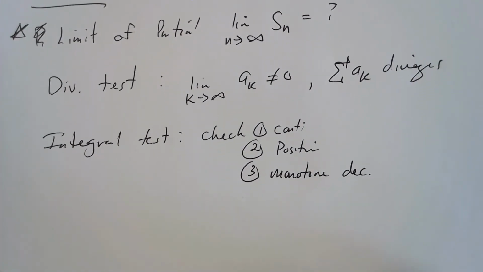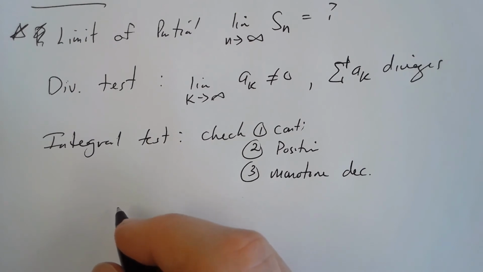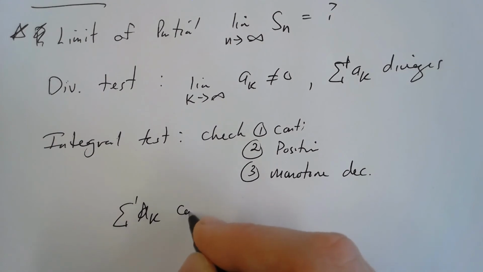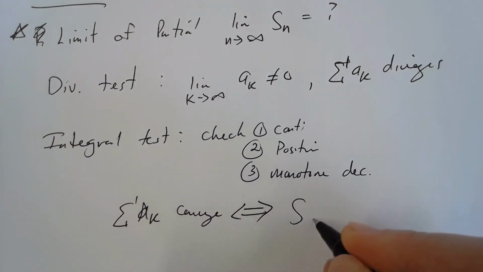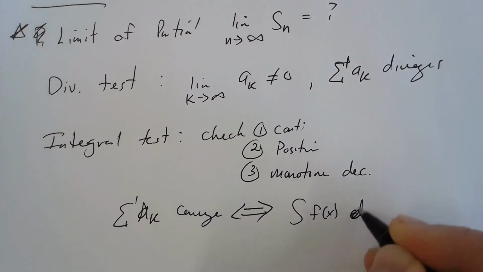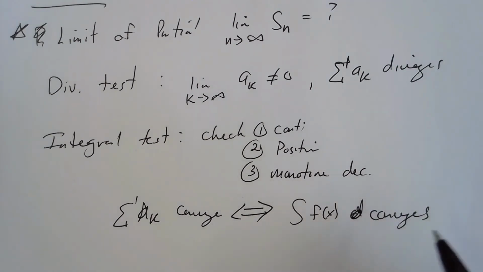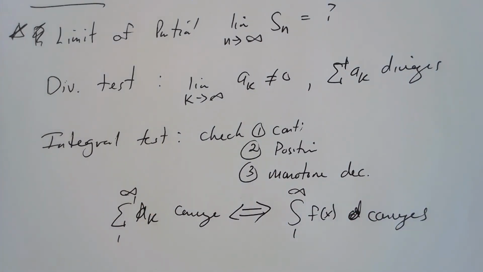And after we've checked those three pieces, then I can make the agreement of convergence with divergence of the series: a sub k converges implies directly that the integral of f of x converges. Okay, so keep in mind that these bounds are supposed to be the same, 1 to infinity, 1 to infinity. So if I can conclude that the integral is convergent, then I can make the conclusion that the series will also then be convergent.